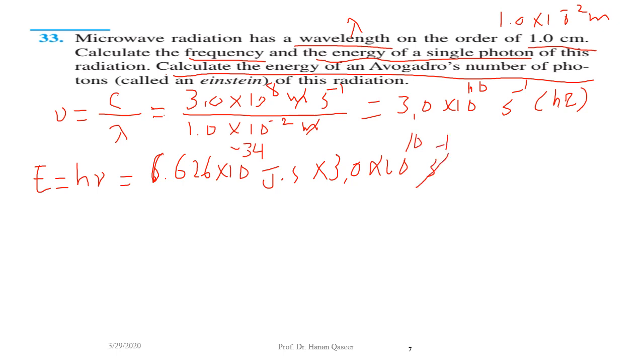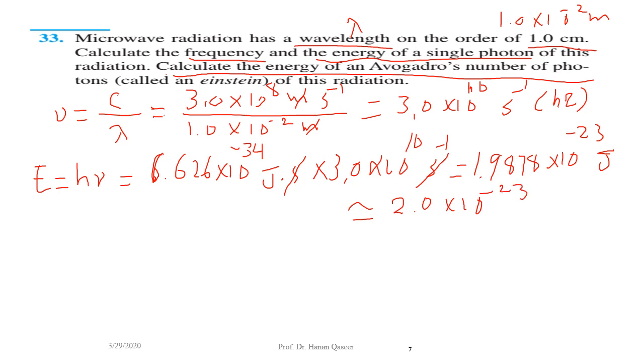Second minus 1 with second cancel, and this is equal to, from the calculator, 1.9878 × 10^-23 joule, and this is rounded to 2.0 × 10^-23 joule per photon.